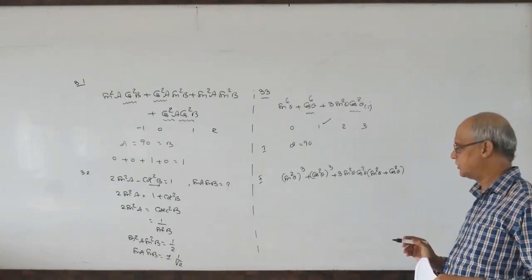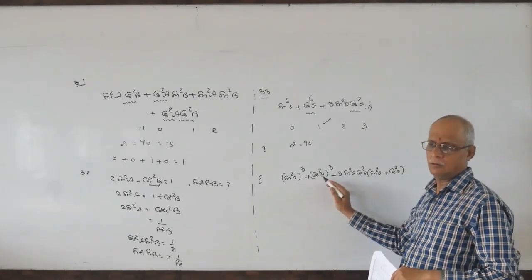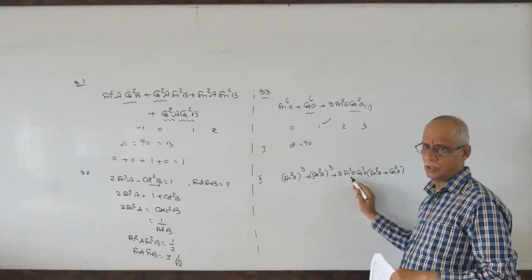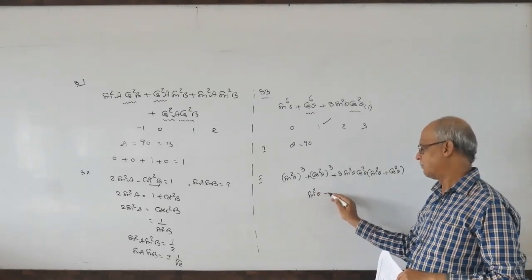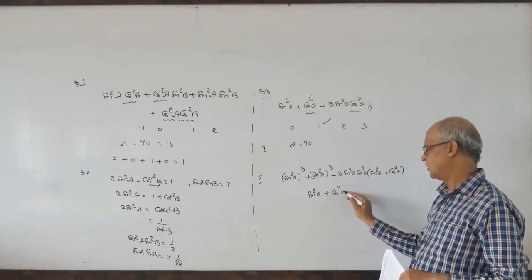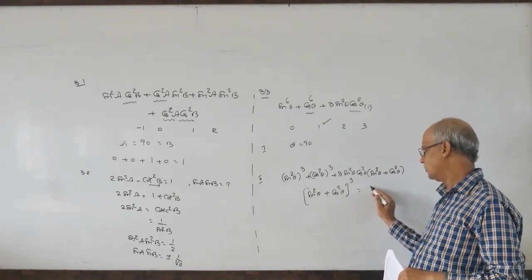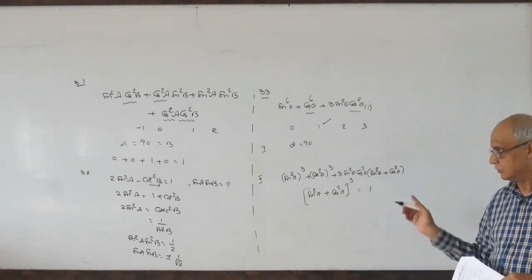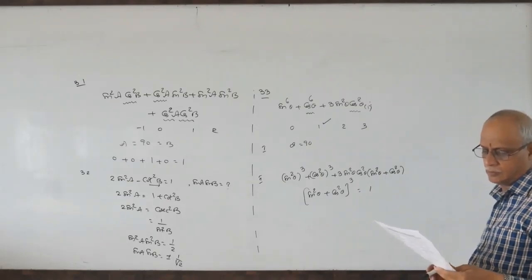Now you see what this is in the form of algebra: a cube plus b cube plus 3ab into a plus b, which is called a plus b whole cube. Here a is sin square, b is cos square, and you know that it is an identity. That is why I gave you the second method also. In the exam you can do it in any way.